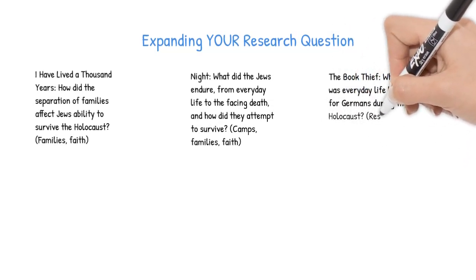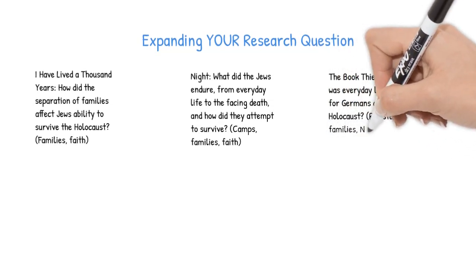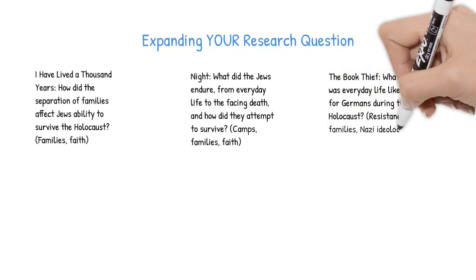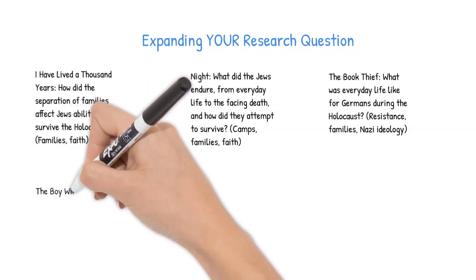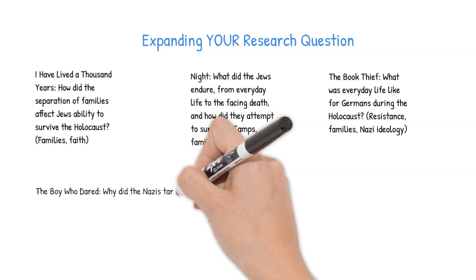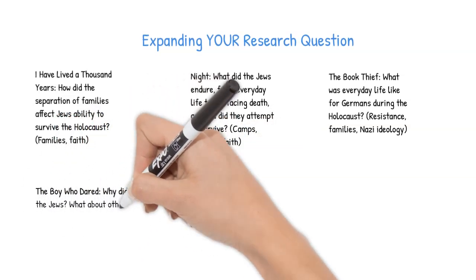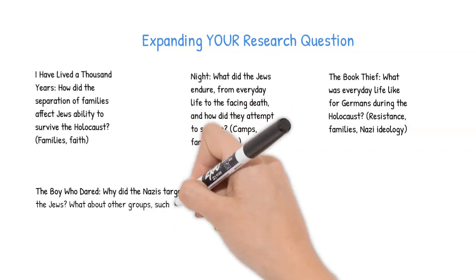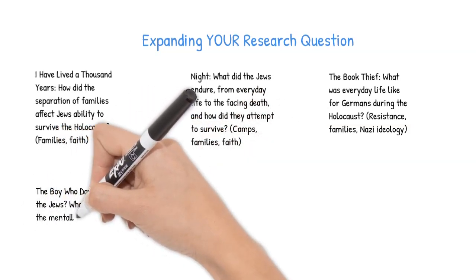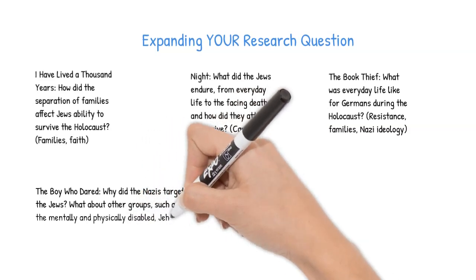What about other groups such as the mentally and physically disabled, Jehovah's Witnesses, homosexuals, the Roma? You look again at Nazi ideology, the pyramid of hate in history. The Girl in the Blue Coat: how did the Holocaust affect those non-Jews living in Europe? How did they risk their lives to stop Hitler? You can look at the resistance and everyday life as well as the Nazi ideology again.